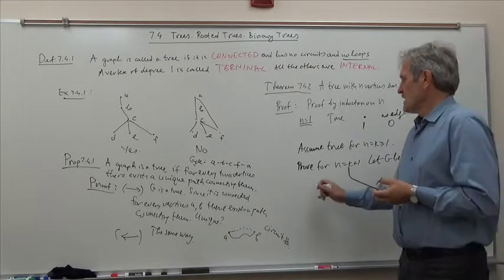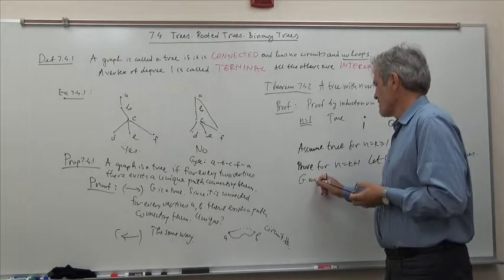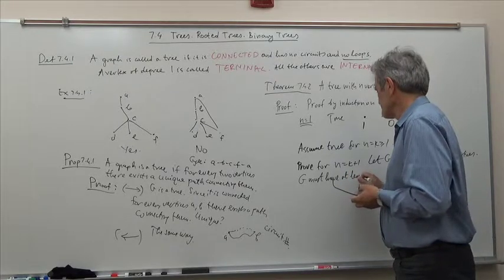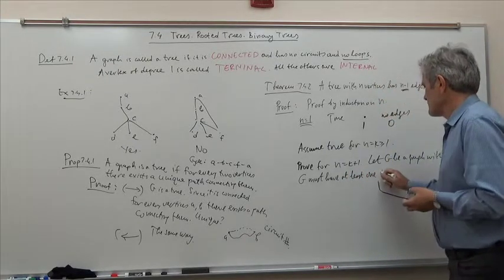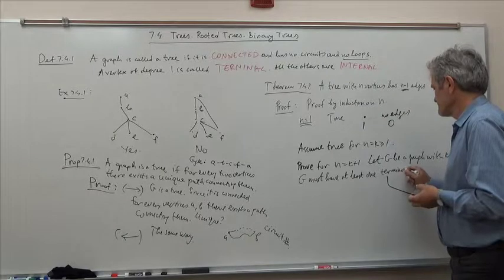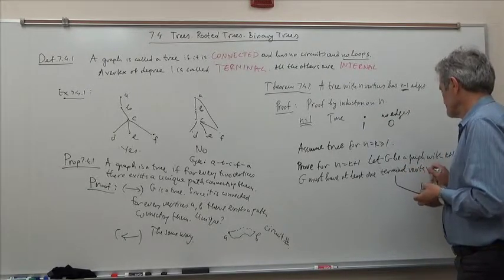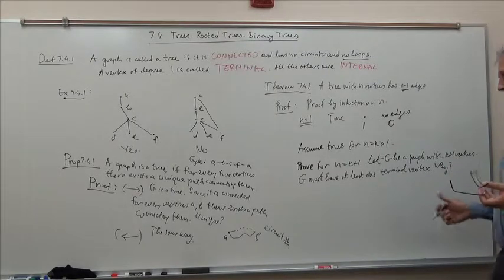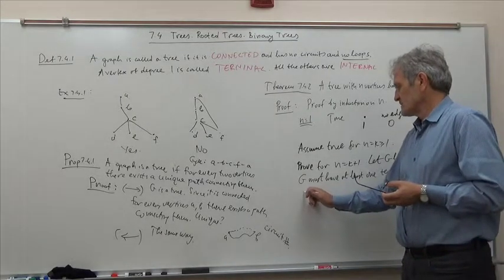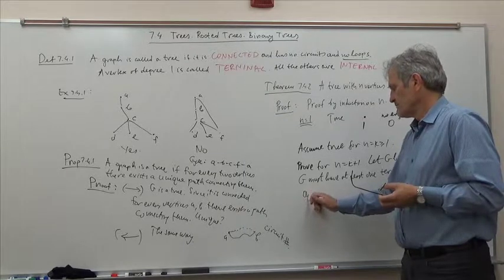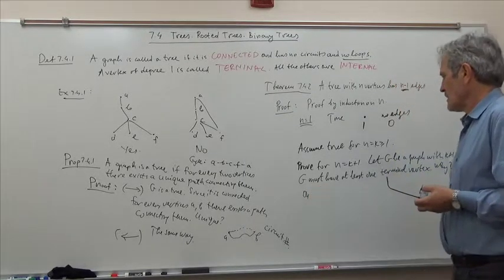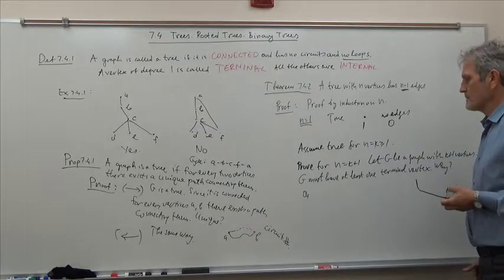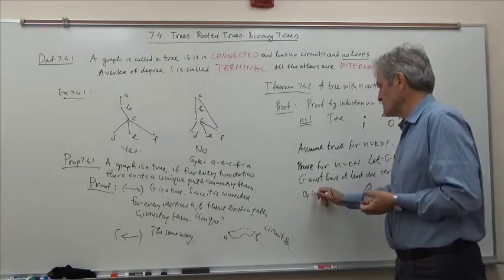And that is, G must have at least one terminal vertex. Why? Because we start with a vertex, A1. Then, since the tree is connected, this one is connected to some A2.